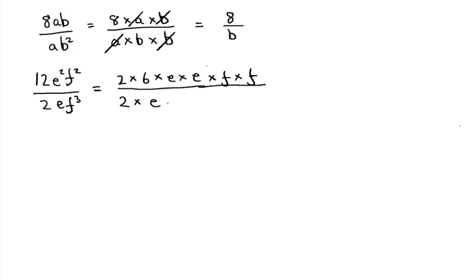And in the bottom there's one E factor and 3 F factors multiplied. So I can divide top and bottom by F. I can divide top and bottom by F again. I can divide top and bottom by E. And I can divide top and bottom by 2. So all of these common factors to the top and the bottom of the fraction cancel out. Look what I'm left with: 6e, 6 times e, divided by f.